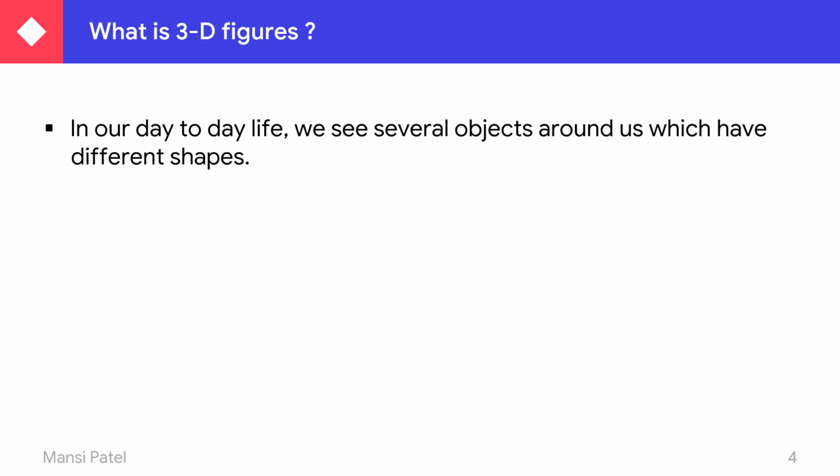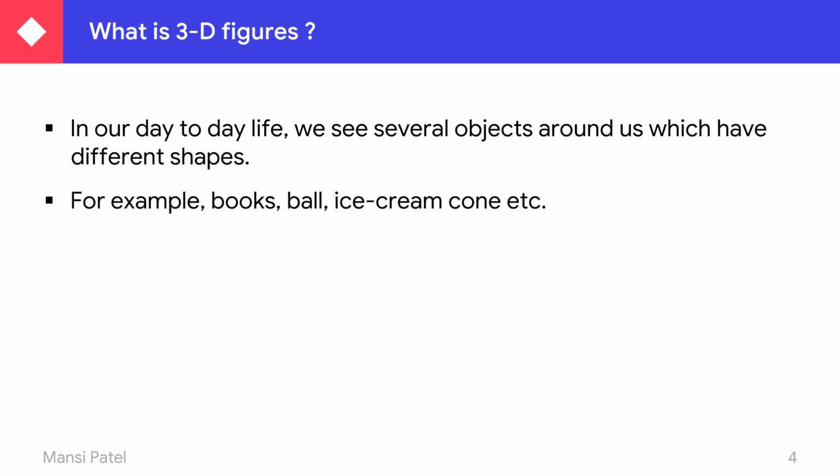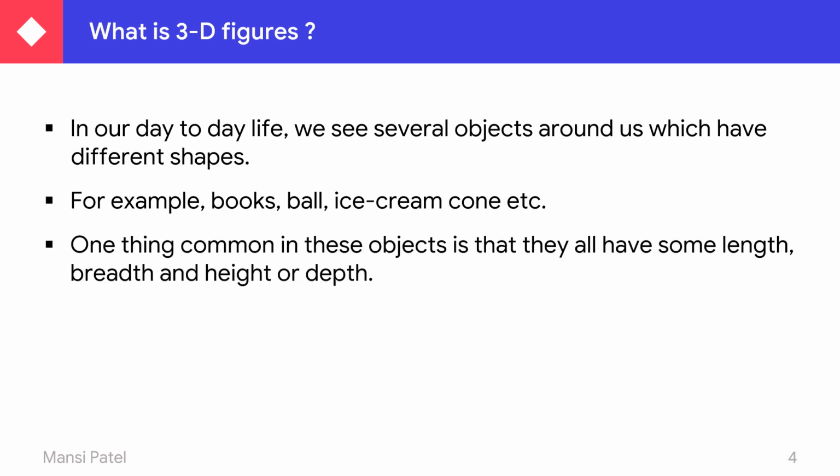Let us see. In our day-to-day life, we see several objects around us which have different shapes. For example, books, ball, ice cream, cone, etc. These are all examples of 3D figures.